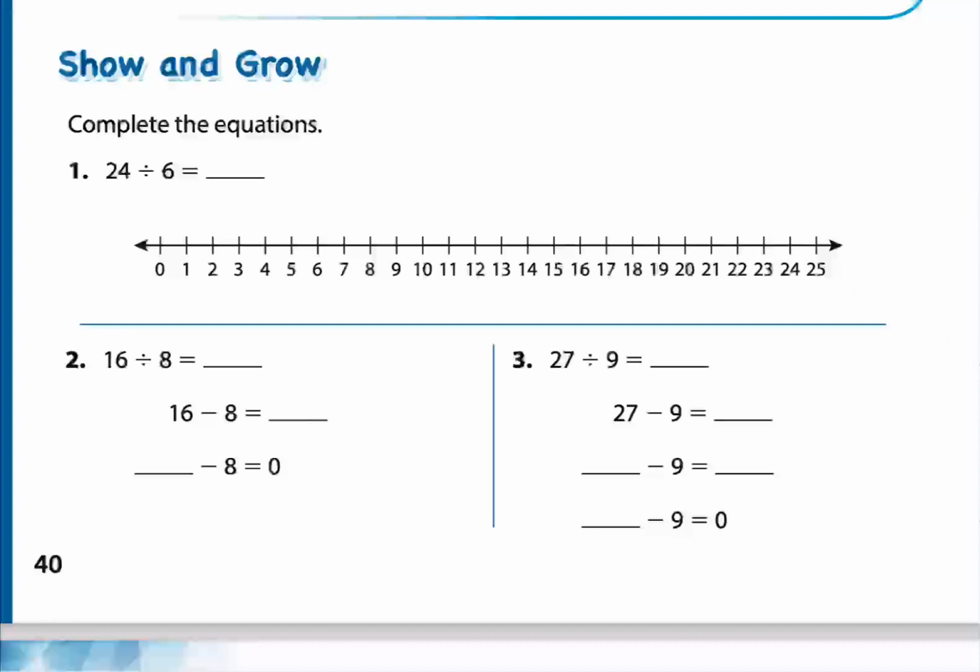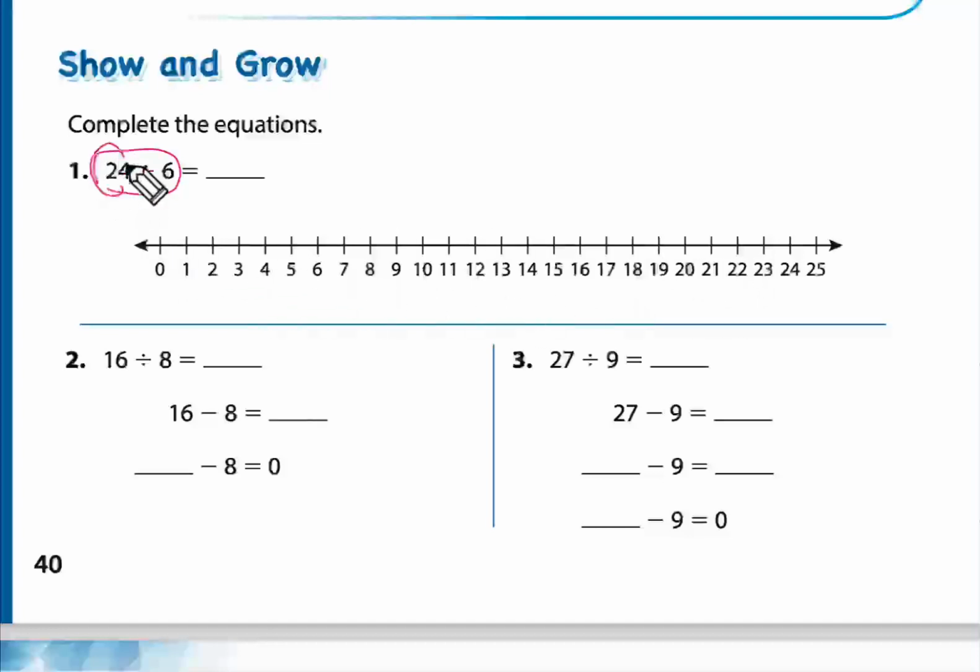So here we have the number line, and we need to find 24 divided by 6. How can we do this? We will do this by counting back. Yes, we count back 6 and 6 and 6 and so on. So we subtract 6.